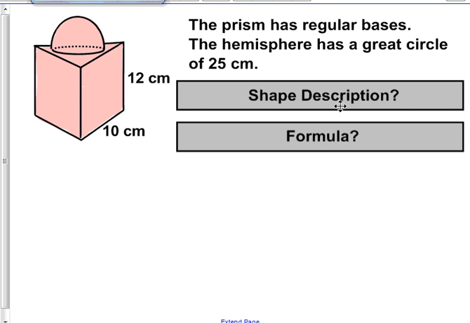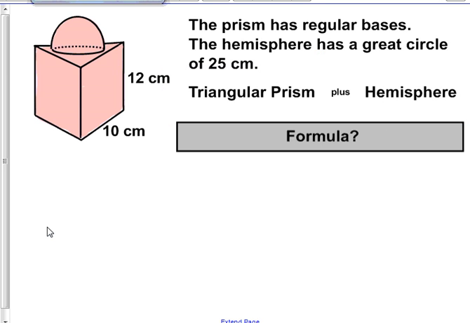So our description, as we already said, is a triangular prism plus a hemisphere, and we will have to get a formula here for our prism. It is area of the base times the height. Hemisphere, a little bit tougher. The volume of a sphere, if you remember from yesterday, was 4/3 times pi times the radius cubed. But since we're only looking at a hemisphere, that would be half of that formula.